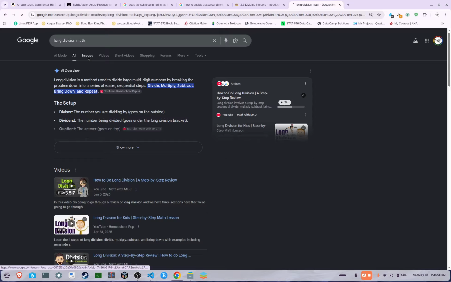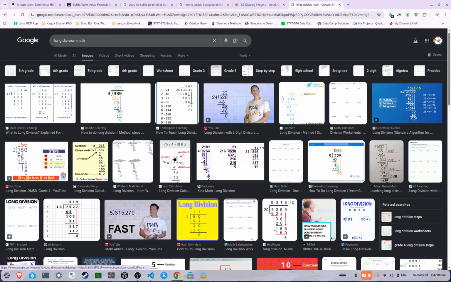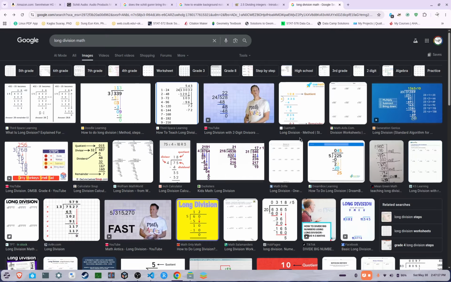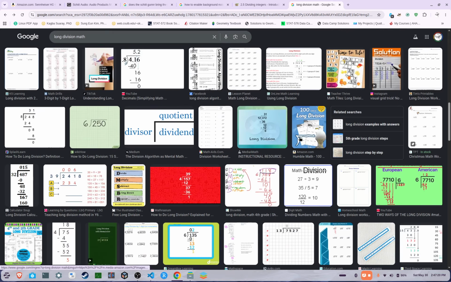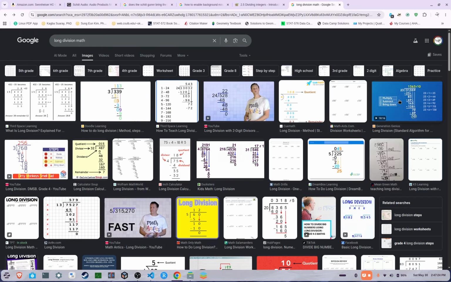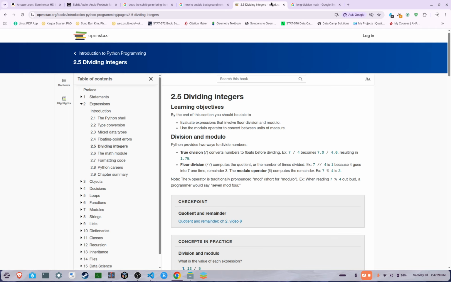Let me see if I can find a picture. Here we go, like this. How many times does 14 go into 75? 18 with a remainder of 3. Basic stuff you learn in elementary school, and we take for granted that we know the remainder and the whole number because it makes sense to us as people.